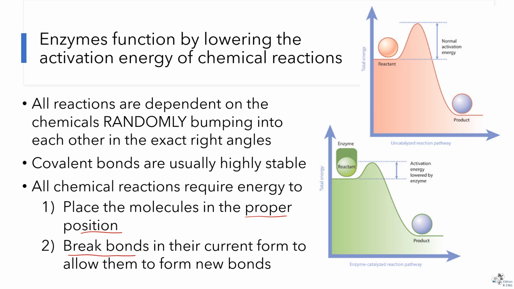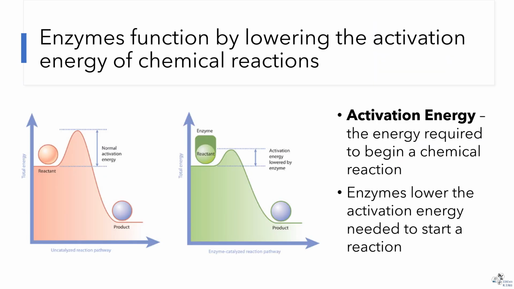So how do enzymes play a role in all of this? Enzymes lower what's called the activation energy, the energy that is required to get a chemical reaction started. Basically, the enzymes will capture these chemicals as they randomly bump into the enzyme.